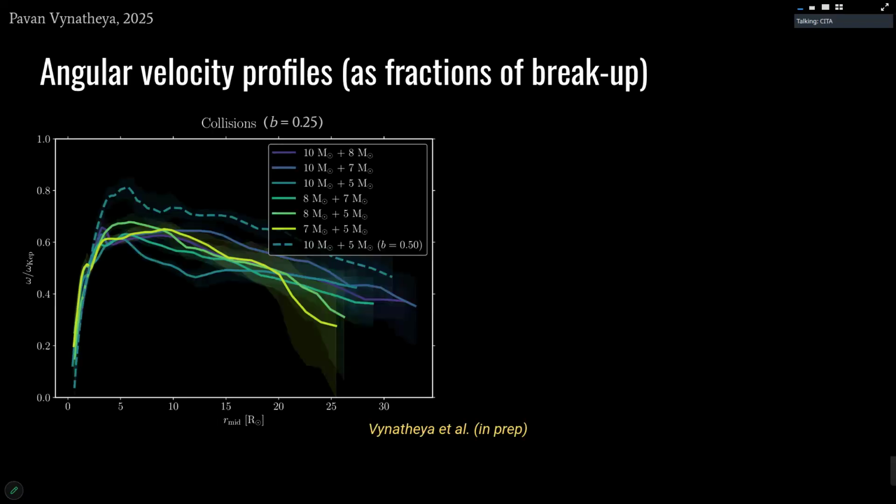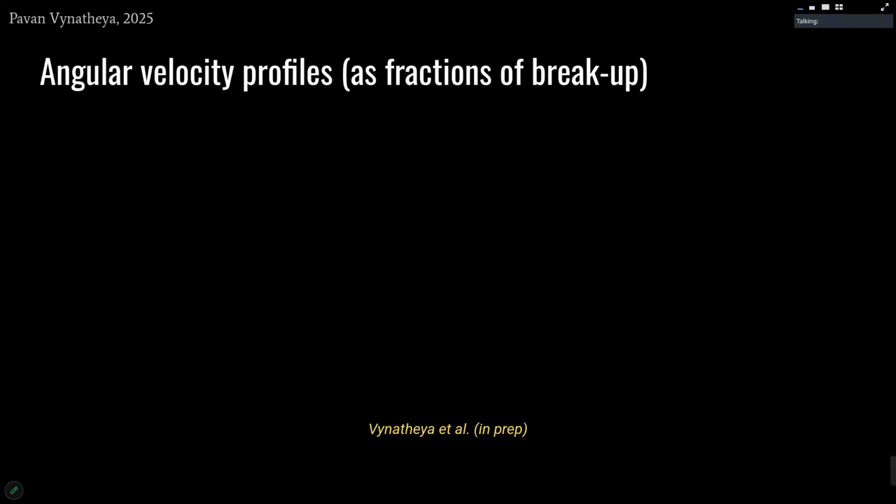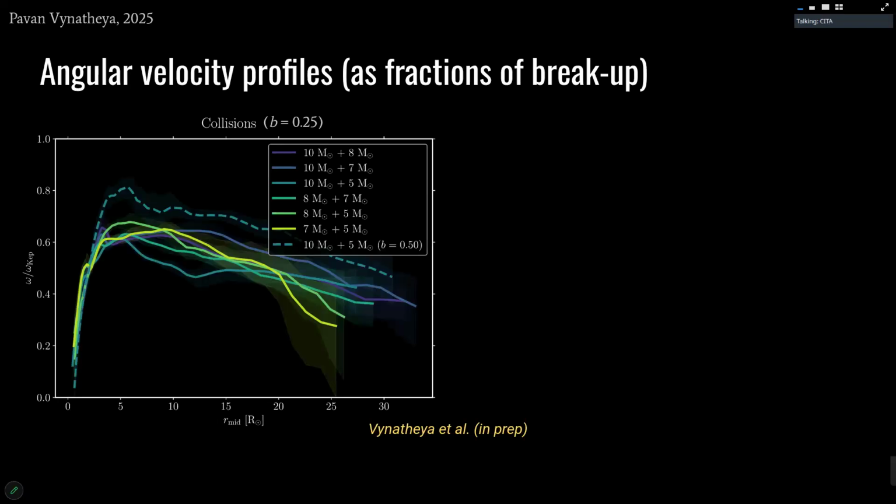Angular velocity. So here I show angular velocity of the collision product as a function of the mid-plane radius. This is the mid-plane angular velocity, and on the y-axis is the fraction of angular velocity to the breakup or Keplerian velocity at that particular radius.